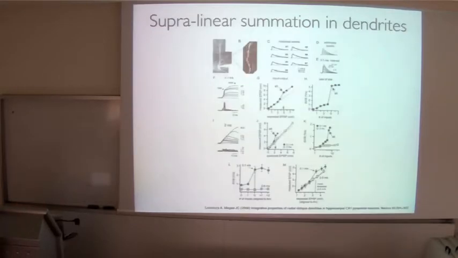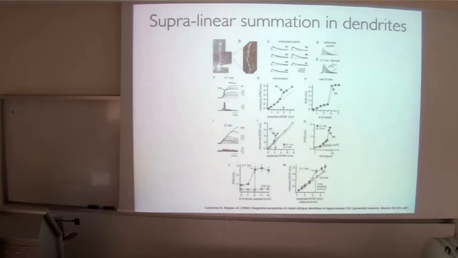Why is it important? Another thing that was shown first in dendrites of CA1 pyramidal cells is supralinear summation. So this is a very neat technique. What they do here is they have a CA1 pyramidal neuron filled, and you have a pipette in the soma, and you have a fluorescent dye in the pipette, so the cell is bright. You can see the cell.